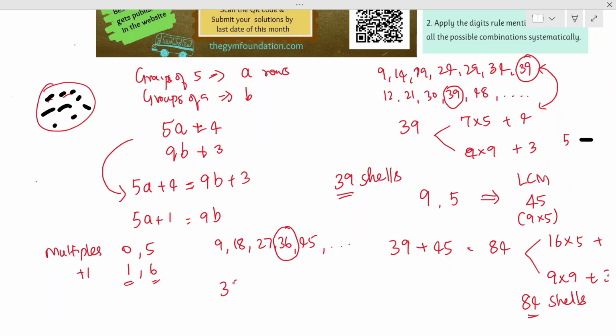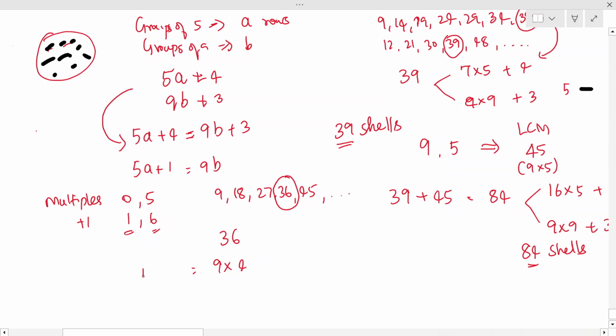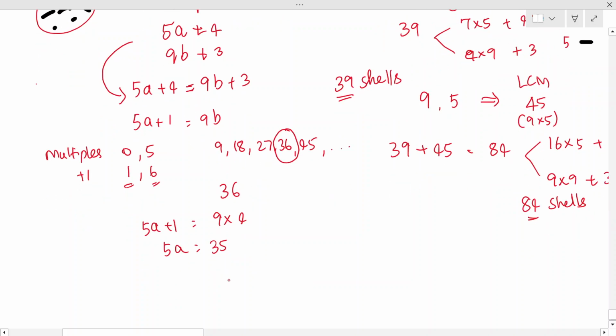If we have 36, then 9 times 4 is 36, which means 4 groups of 9. And for the groups of 5, we can say 5a plus 1 is 36. So 5a is 35, subtracting 1, and then a becomes 7.